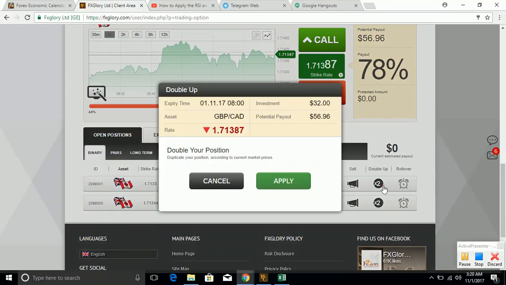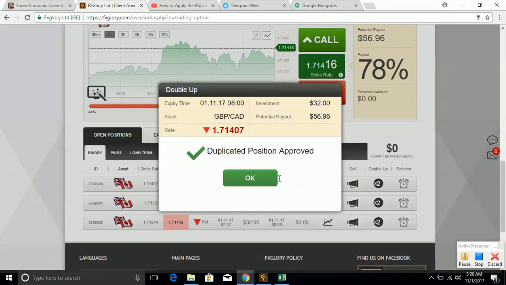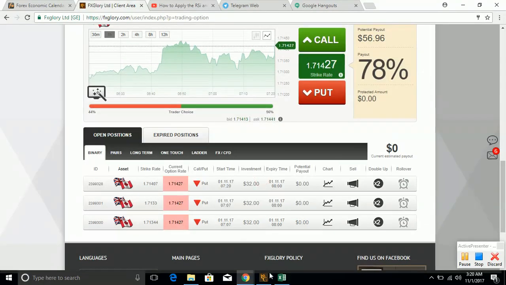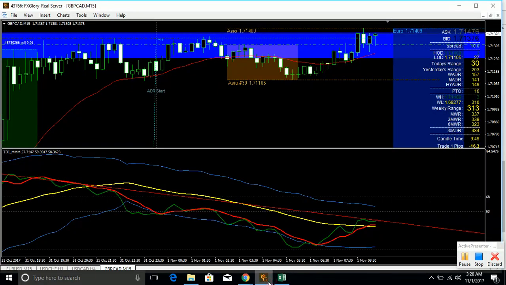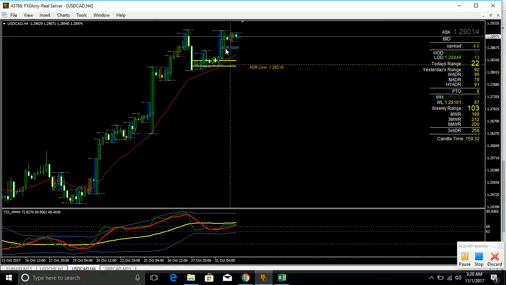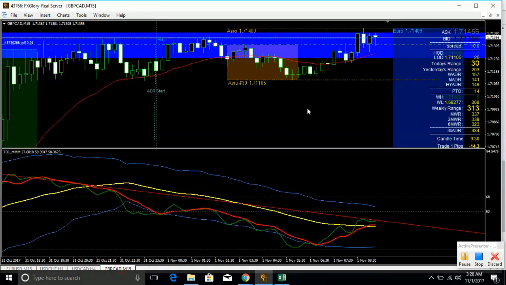We'll go ahead and double up again. I really anticipate this CAD coming down hard, really on all pairs, especially this USD CAD and this pound CAD.